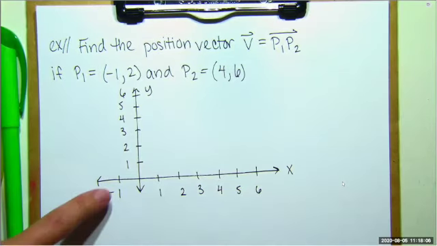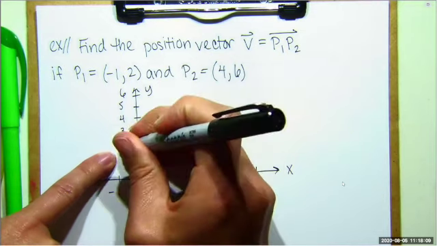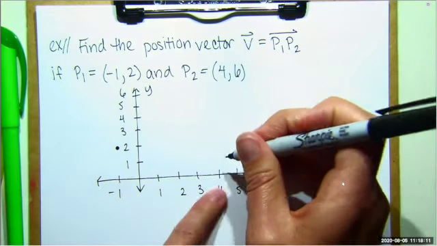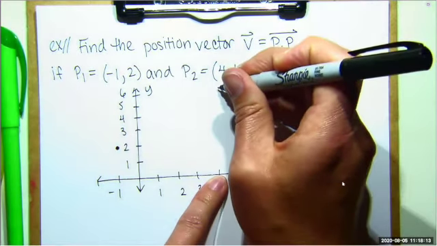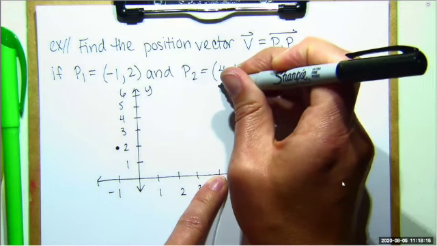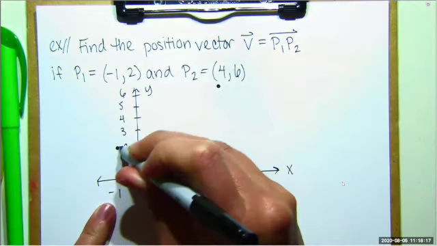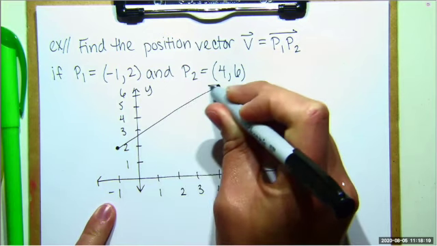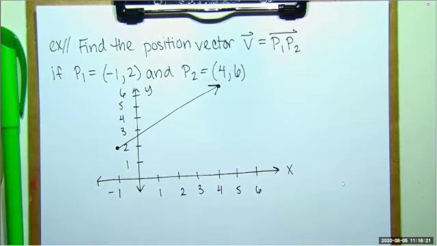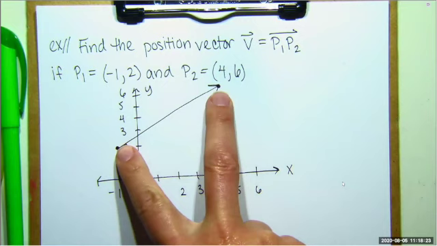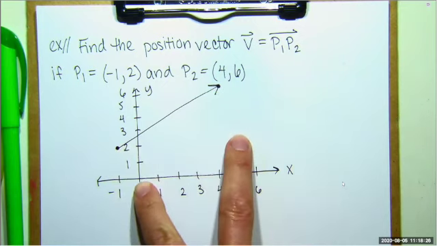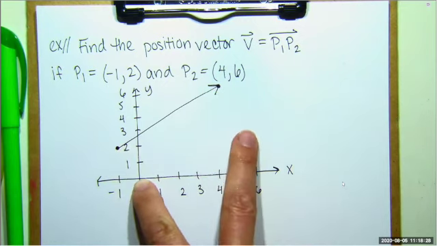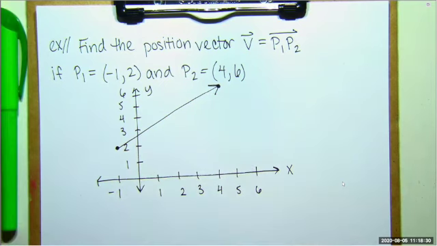Okay, so we have a vector that starts at -1, 2 and ends at 4, 6. Our goal is to move this vector down here so that the tail is at the origin. The starting point is at the origin.